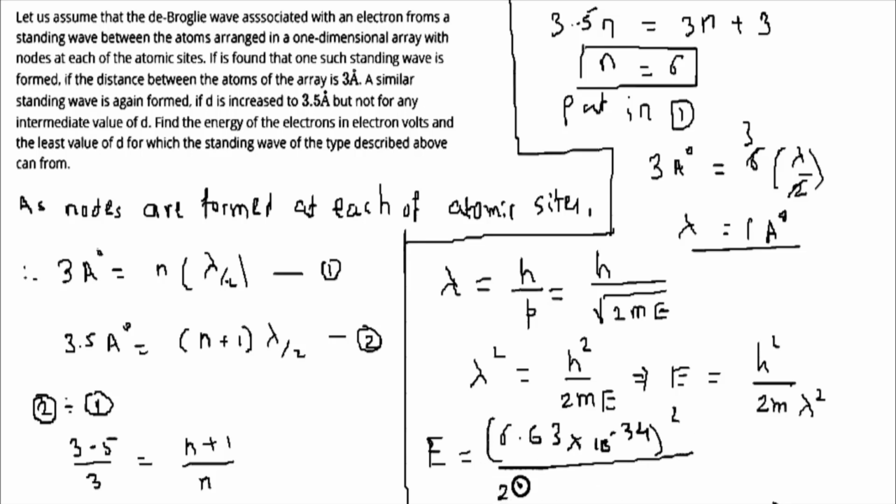Now 2 into 9.1 into 10 raised to minus 31, the mass of the electron, and lambda square. Lambda square means 10 raised to minus 10 squared, since 1 angstrom is 10 raised to minus 10.